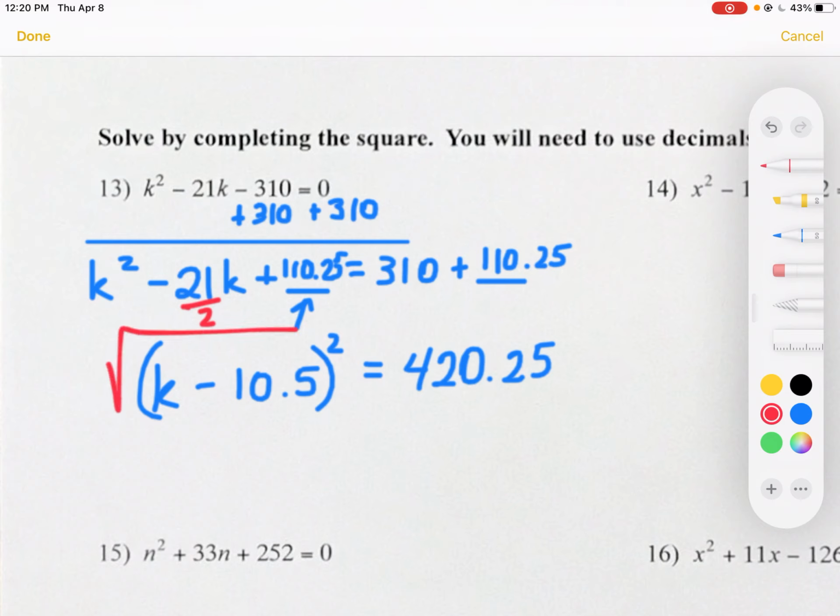Square root both sides. You get k minus 10.5 equals plus or minus the square root of 420.25, which is 20.5.